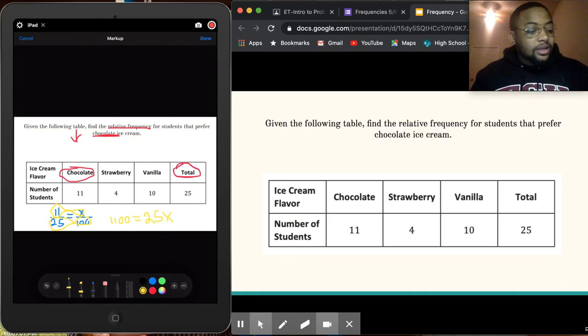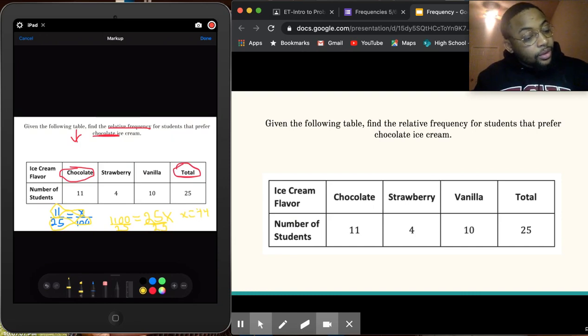Last but not least, I'm going to divide both of these by 25. And when I divide them, I'll see that x equals 44.